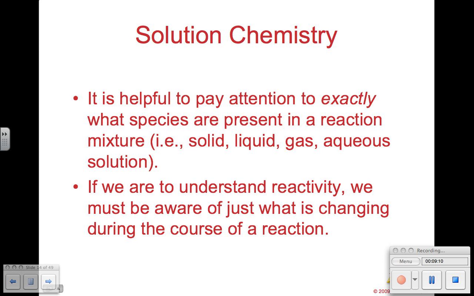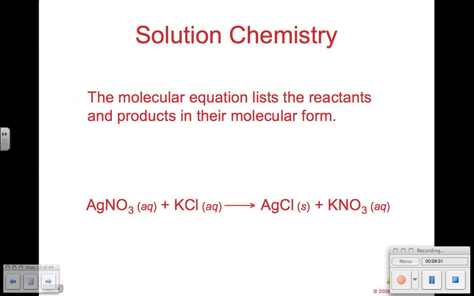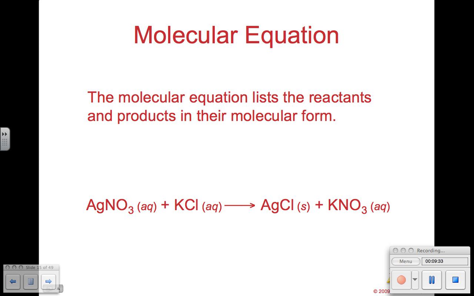We did this a bit in first year chemistry as well. If we want to understand reactivity, we must be aware of what is changing during the course of a reaction. If a reaction is written with the states present, there might be a reason for putting that in the formula, so that you can do some predictive processes.